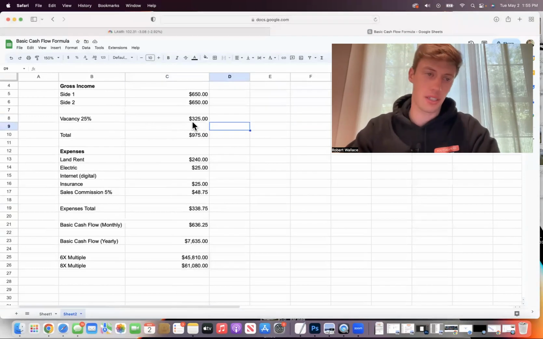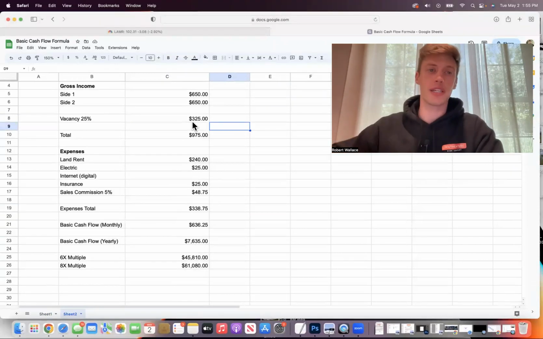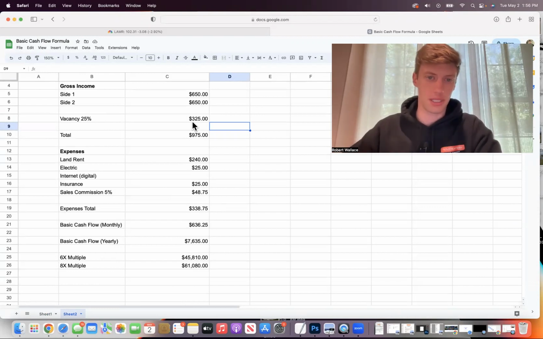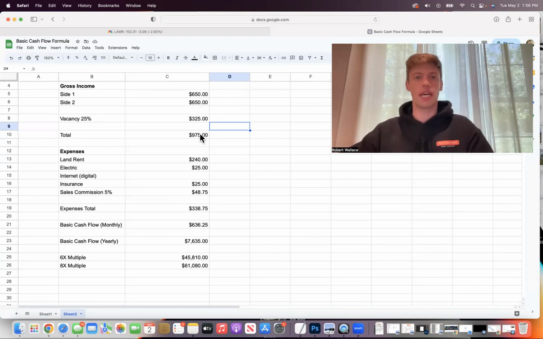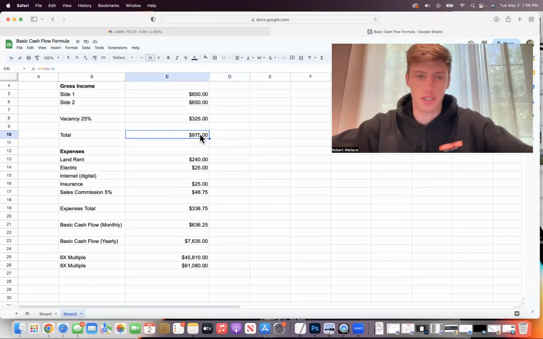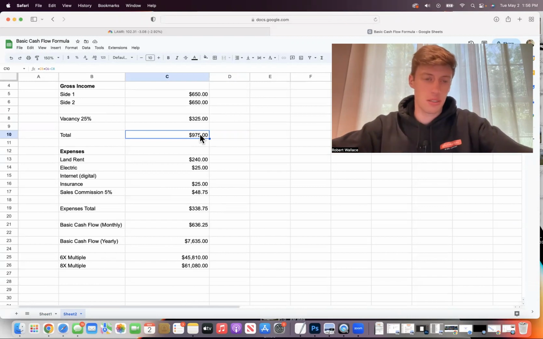Anyway, vacancies, if you're bringing in $1,300 a month, if it's 100% sold out, 25% of the time, you're not going to be sold out. So that equals $325 per month. You got to take off the top. So he's going to be averaging still $975, $1,000 or so, even counting the vacancy.